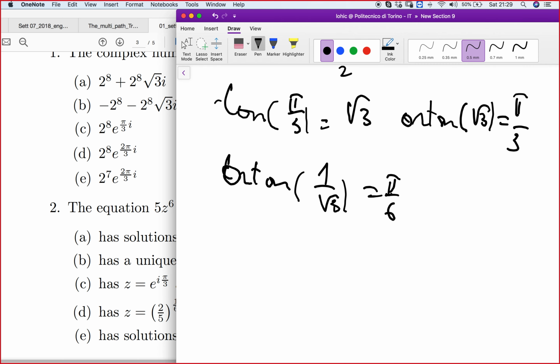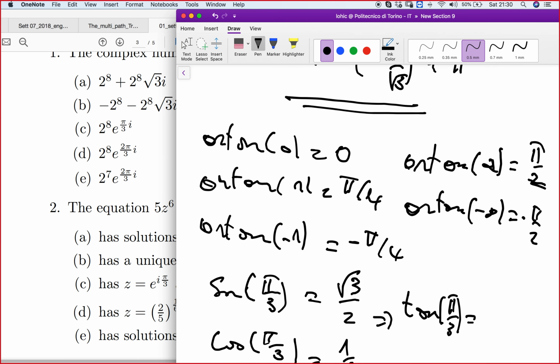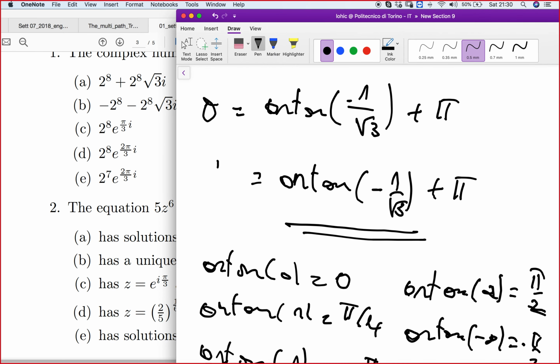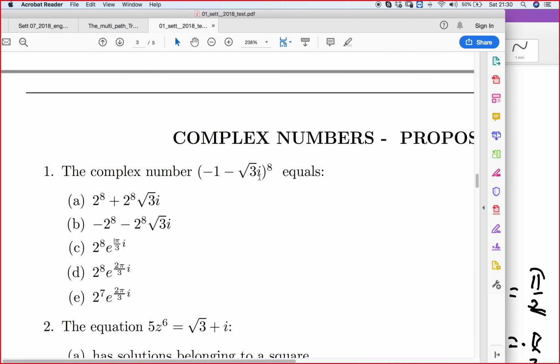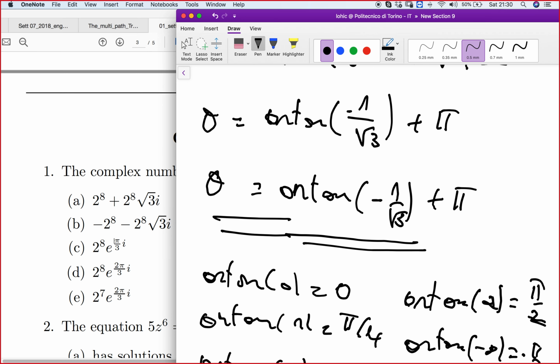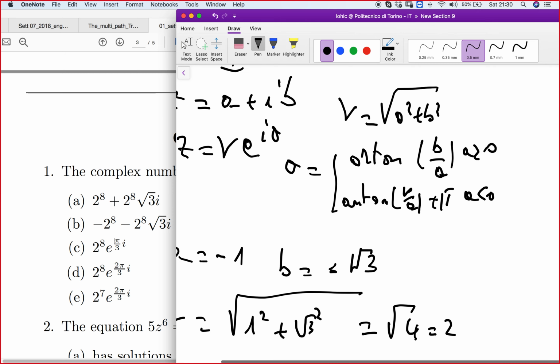Okay, turning back to our complex number, we saw that theta was arctan of minus 1 over root 3 plus... No, I made a mistake. When I wrote theta here, I wrote a over b, but the formula says b over a.